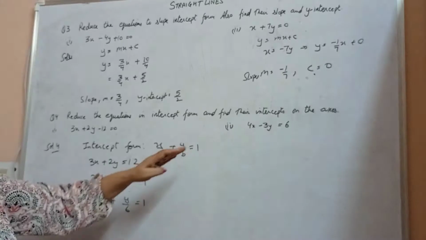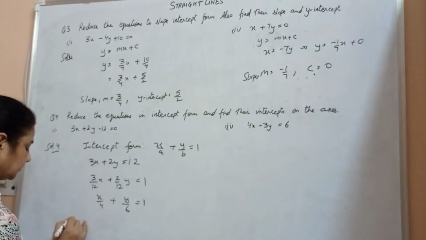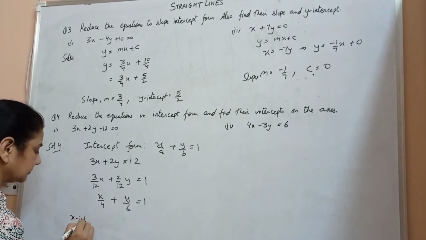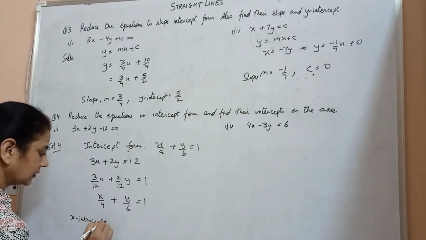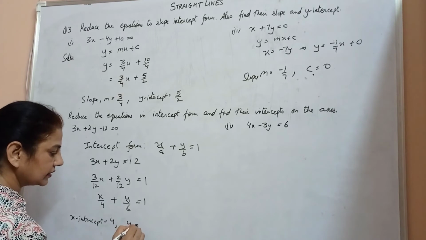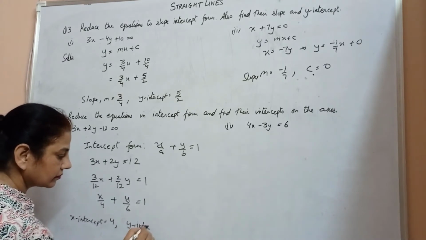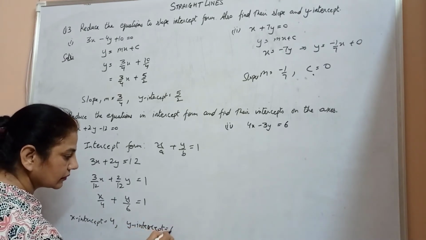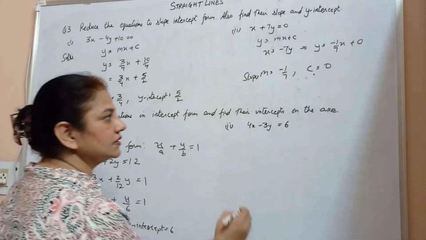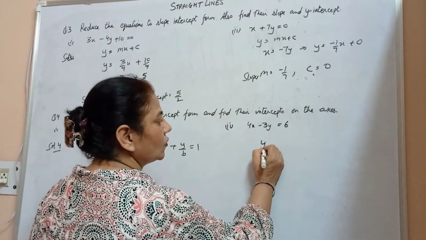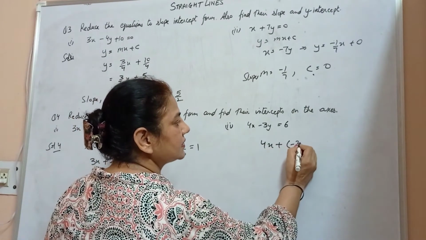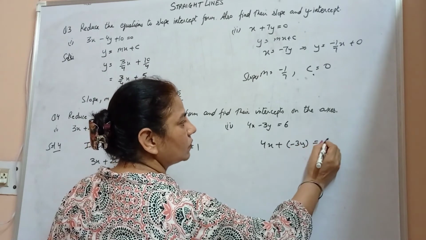Now the intercepts on the x-axis: x-intercept is 4 and y-intercept is 6.